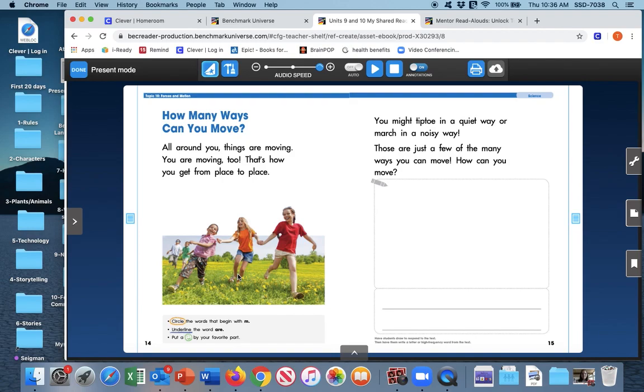You can see that they are running, they are holding hands, they are playing. Looks like they're laughing, and they're clearly having a good time. How are they moving? What is it they're doing that's causing them to move? What are some other ways that you can move your body to get from one place to another? And how do you make something move like a bike? These are just some questions I want you to be thinking about.